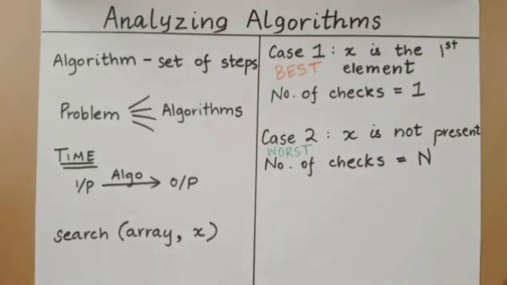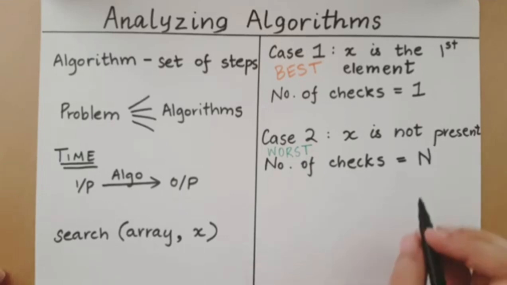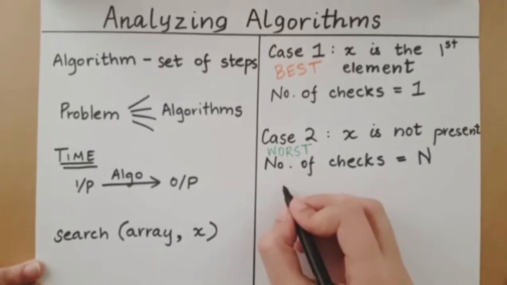When analyzing algorithms and comparing them on the basis of time, we are concerned with the worst case. This is because the worst case is dependent on the size of the input given to the algorithm.